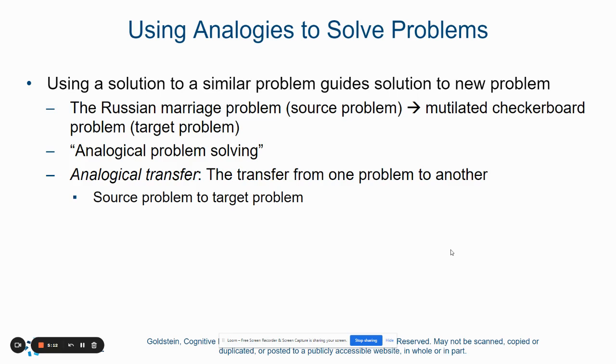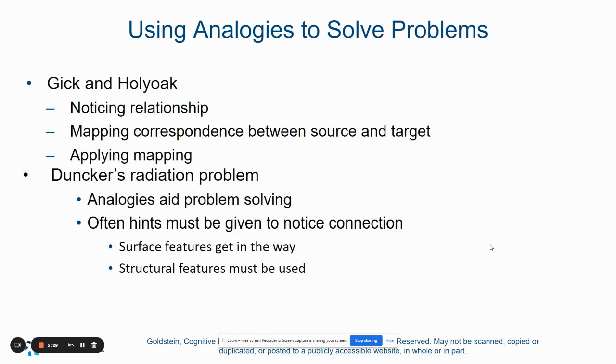Using a solution to a similar problem can also guide a solution to a new problem, such as the Russian marriage problem and the mutilated checkerboard problem. You can have analogical transfer, which is the transfer of one problem to another. We can also use analogies to solve problems.